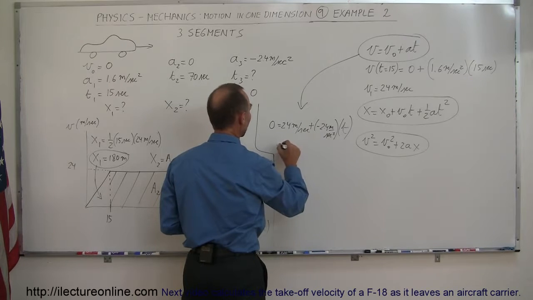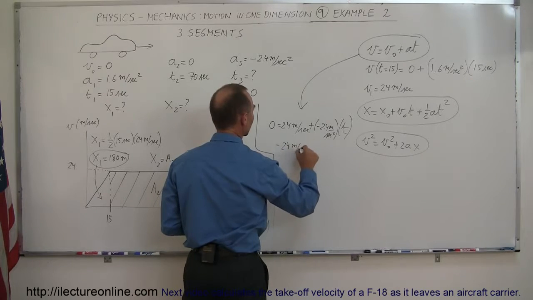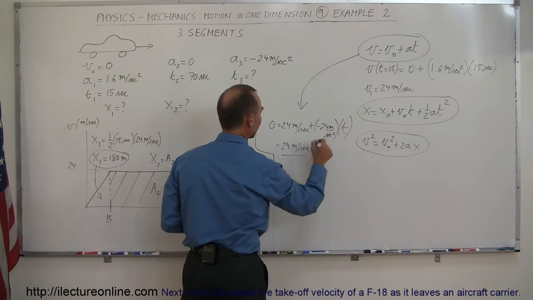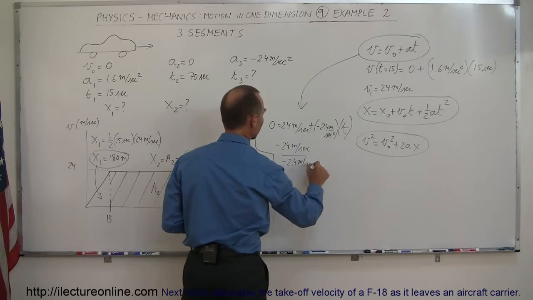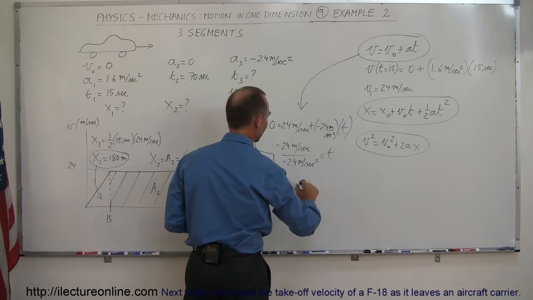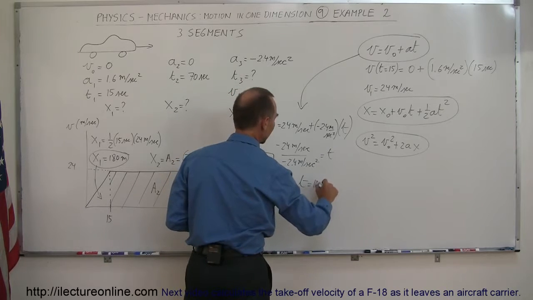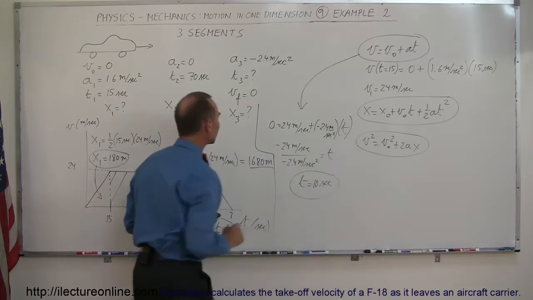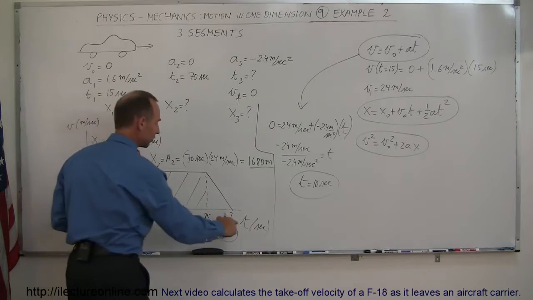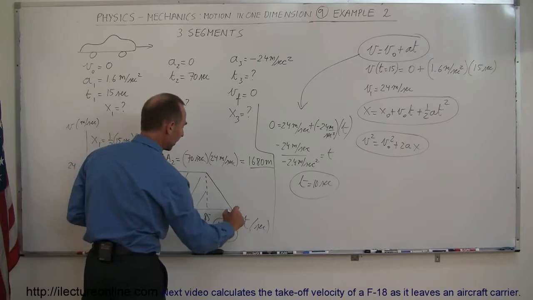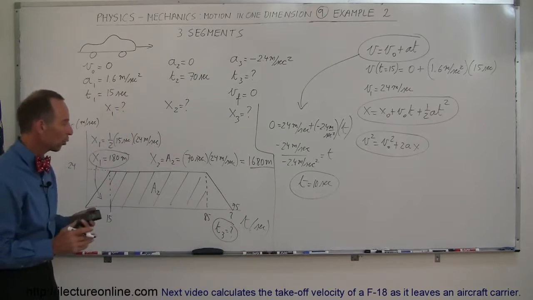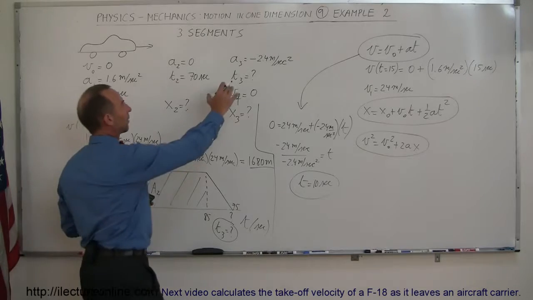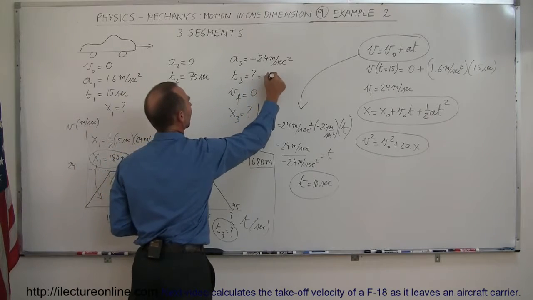We have minus 24 meters per second divided by minus 2.4 meters per second squared equals the time, and therefore time equals 10 seconds. So 85 plus 10 gives me 95 seconds for the total travel time. So time 3 here is equal to 10 seconds.